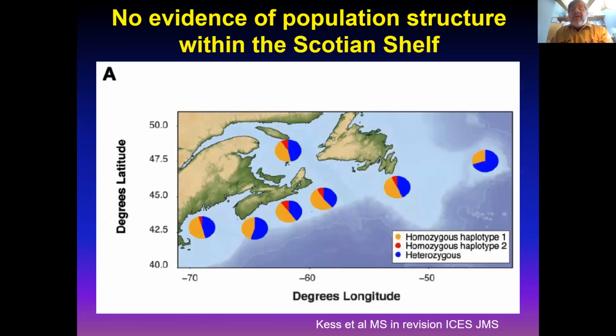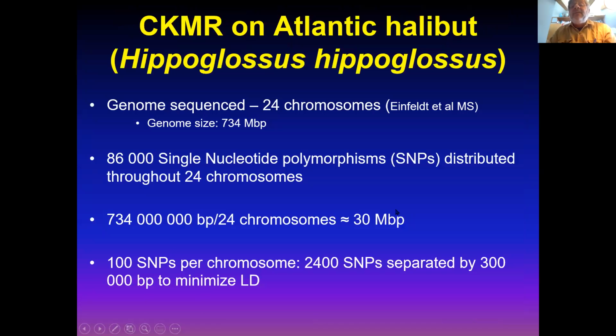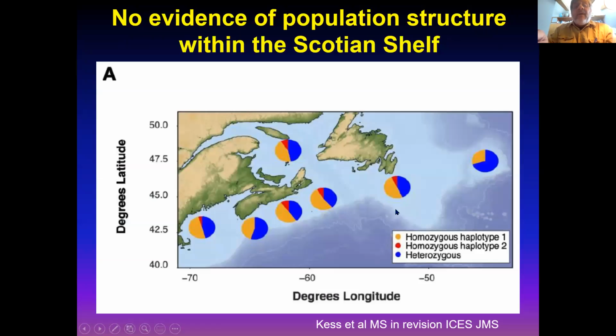And so with that data, and Tony Kess, postdoc at DFO, at BIO, led this multi-authored paper, where we find no structure whatsoever throughout the Scotian Shelf in Atlantic halibut. This is a good thing, because then we can estimate the abundance of the population throughout the region without fear of there being different populations in the area.